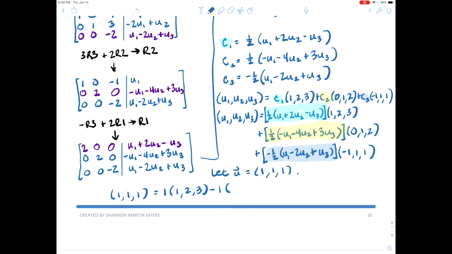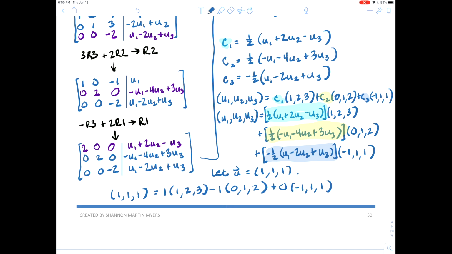And that'd be times our 0, 1, 2. And plugging 1, 1, 1 into our expression for C3, we would have 1 minus 2 is -1, plus 1 is 0, and 0 times -1/2 is still 0. So we'd have plus 0 times -1, 1, 1.